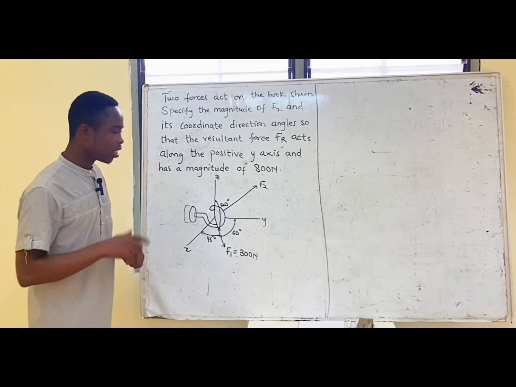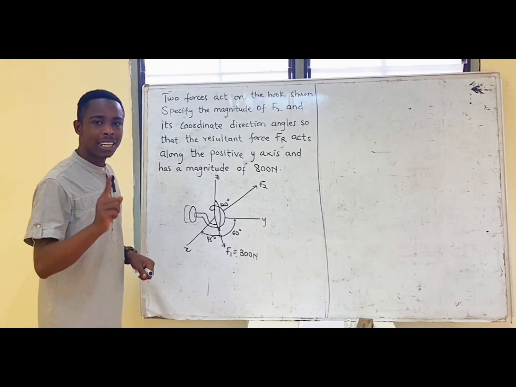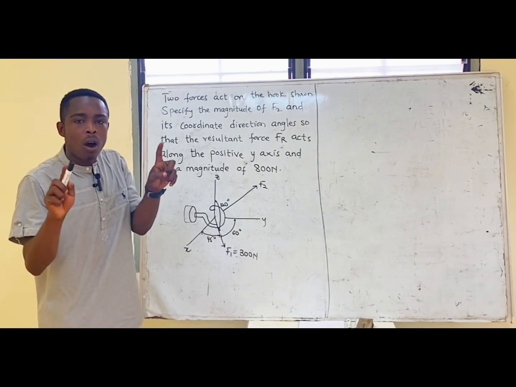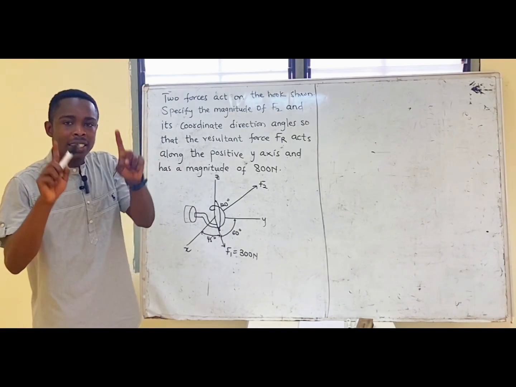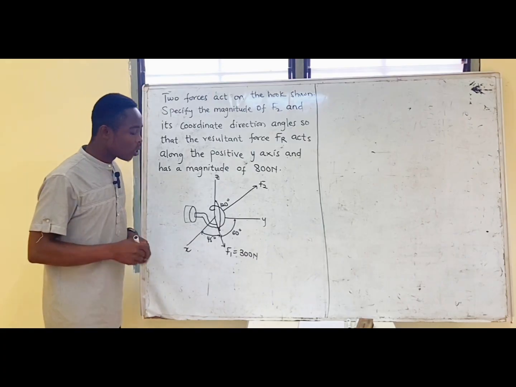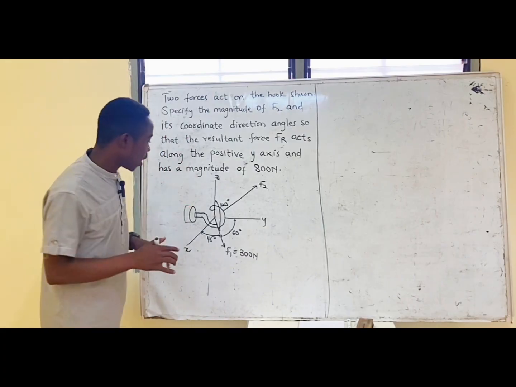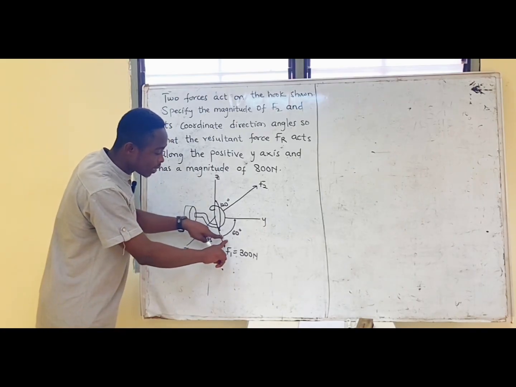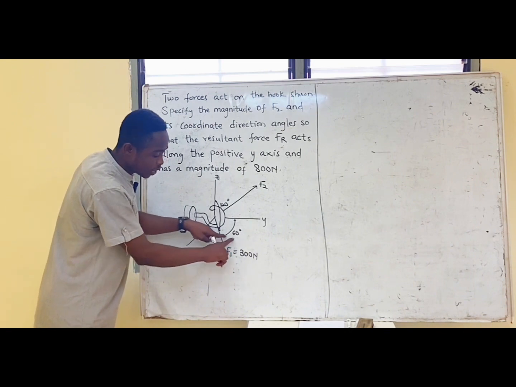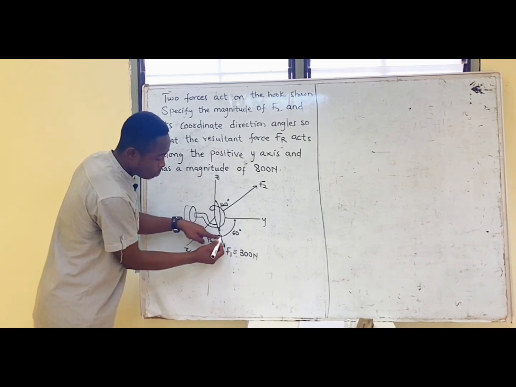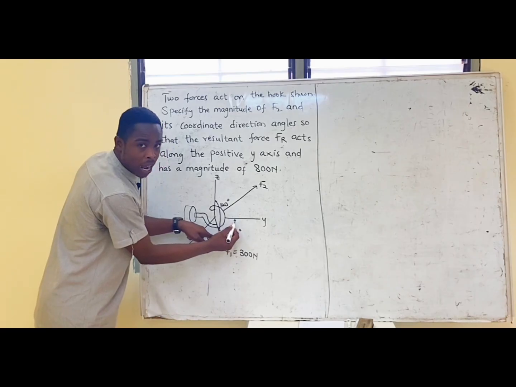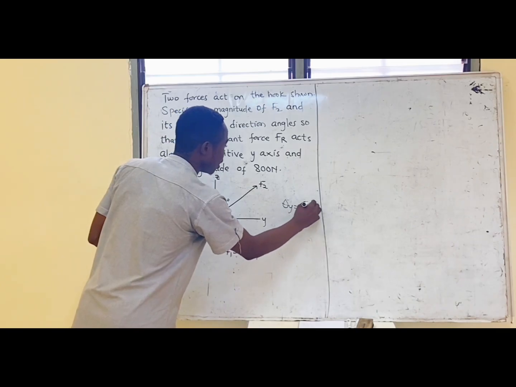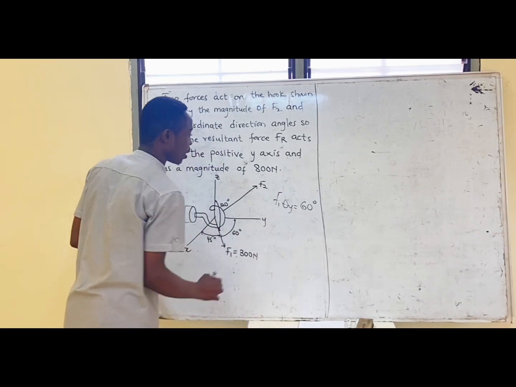The directional cosines are the angles a particular force makes with all the axes respectively. So realize that when we pick F1, the directional cosine theta y is 60 degrees because F1 makes an angle of 60 with the y axis. So theta y equal to 60 degrees for F1.